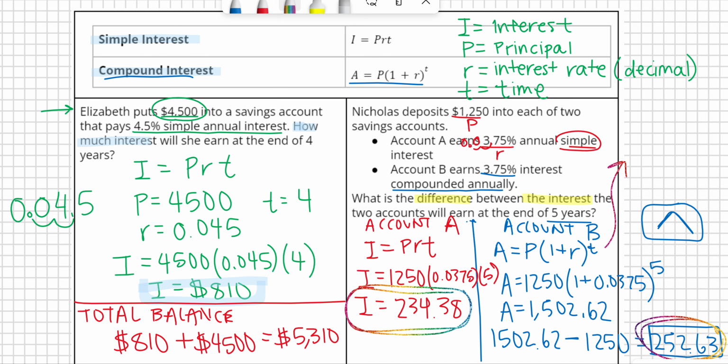So 252.63 minus 234.38. Do that in my calculator. $18.25 is the difference between how much interest those two accounts will earn.